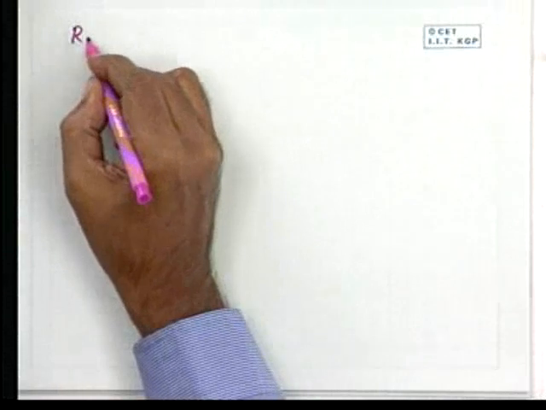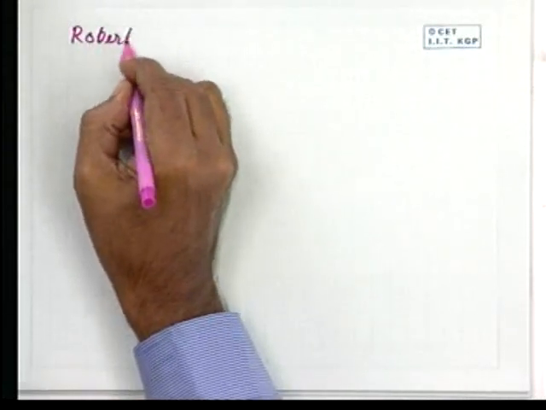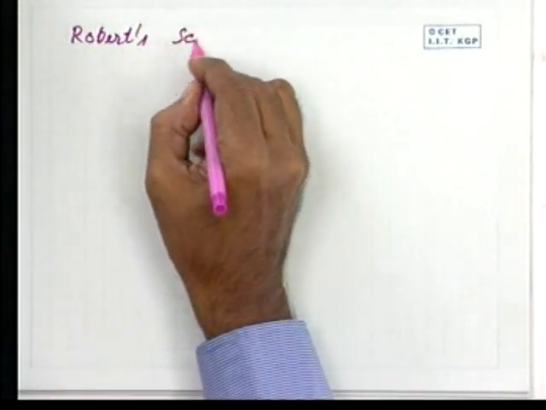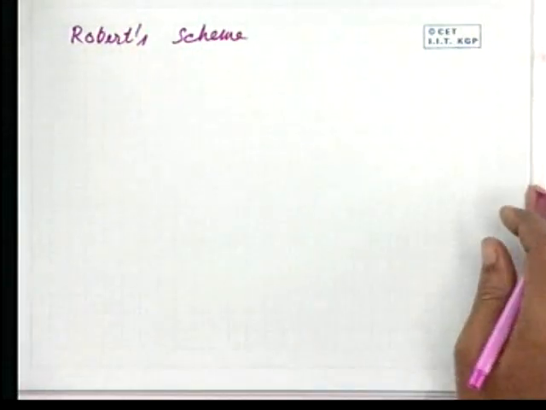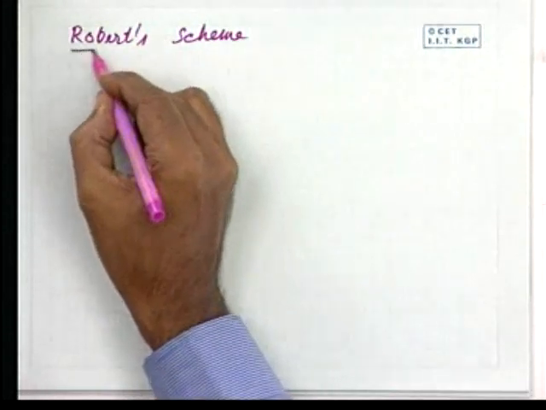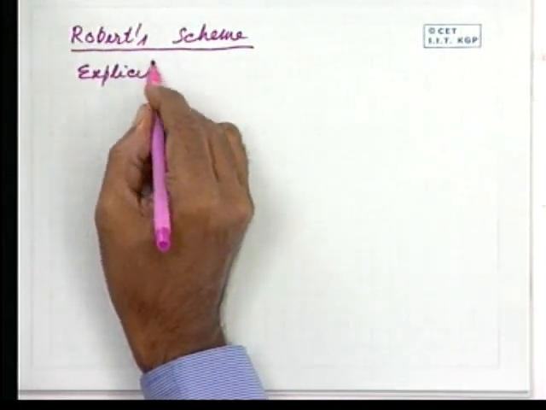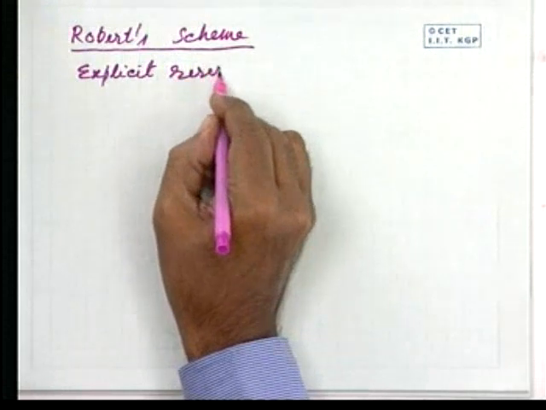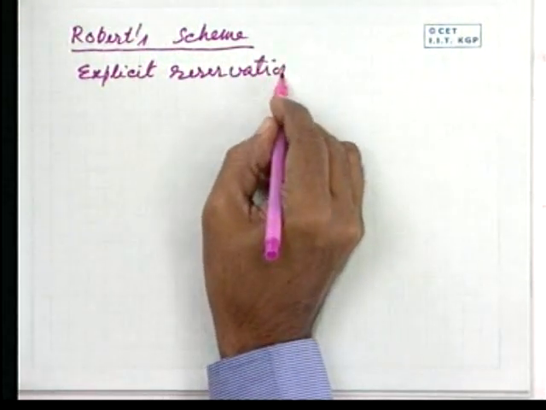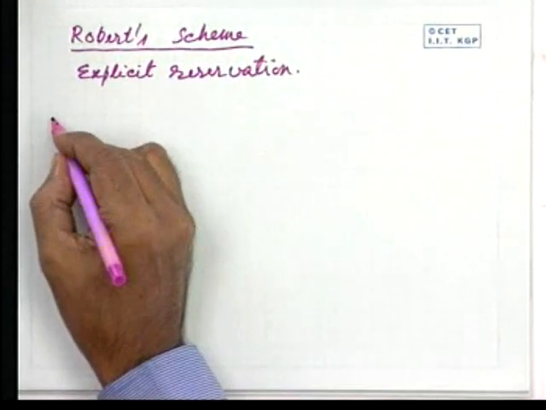Now let us consider another scheme which is also distributed, which is known as Roberts scheme. Roberts scheme is based on explicit reservation. How does it work?